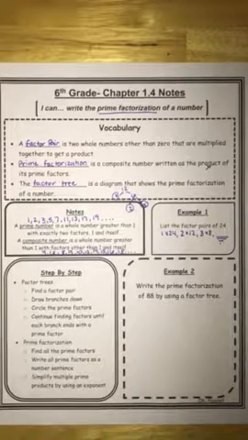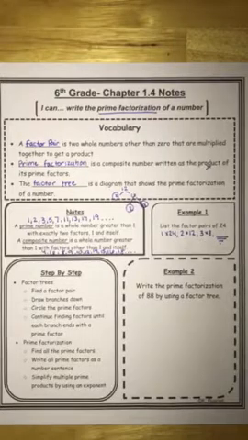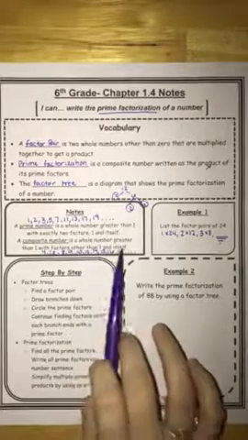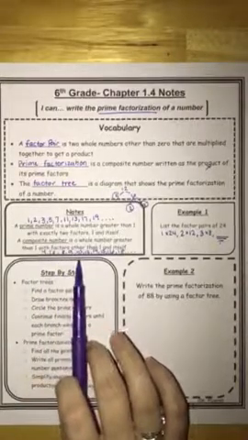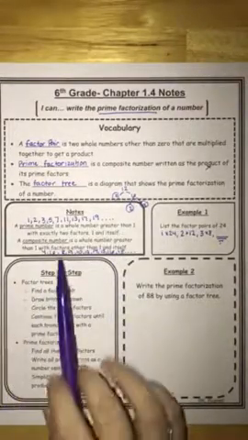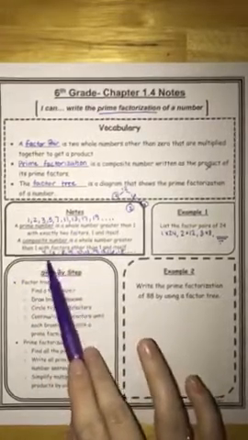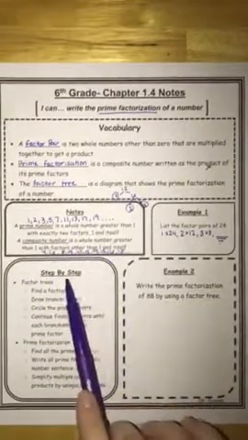On the other hand, all the other numbers are composite numbers. A composite number is a whole number greater than 1 with factors other than 1 and itself. So prime numbers, only 1 and itself. Composite numbers, a whole bunch of different factors get to it.